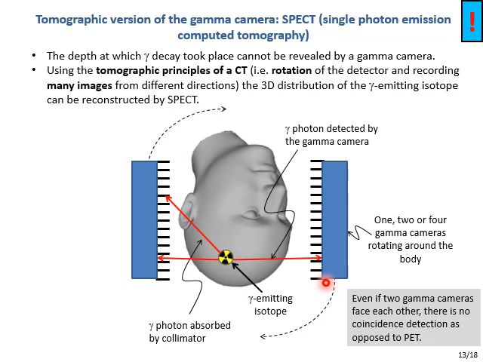Then both gamma cameras rotate around the body and they capture another pair of images at another angle, and this is repeated a large number of times. And using the same kind of image reconstruction principle, which is used for producing X-ray computed tomography images, so basically, that's the principle of back projection, the three-dimensional distribution of the gamma-emitting isotope can be reconstructed.